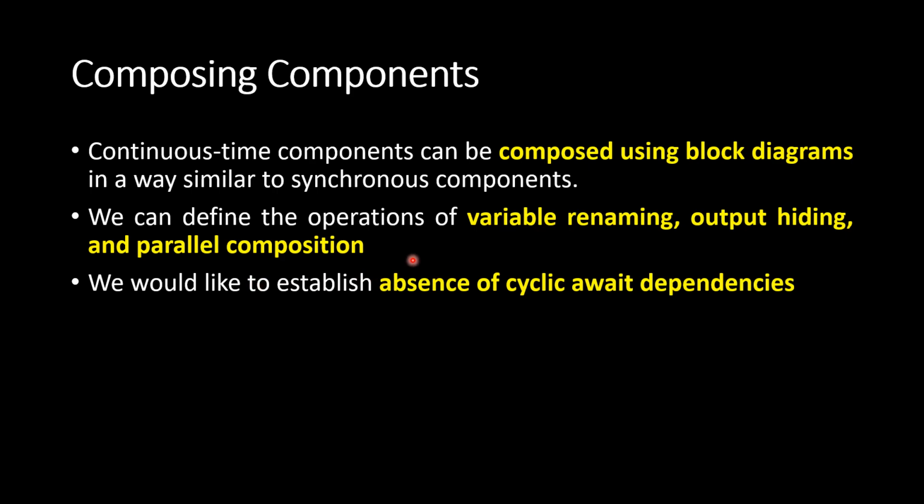While doing so, we have to avoid cyclic dependencies, because if even a single component has a cyclic dependency, then the composed component will also have a cyclic dependency. So we have to design components that avoid any cyclic dependencies.